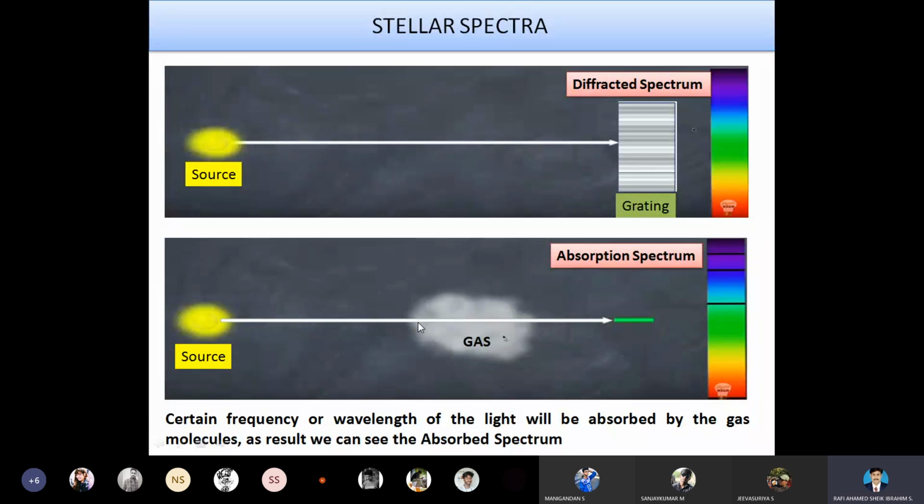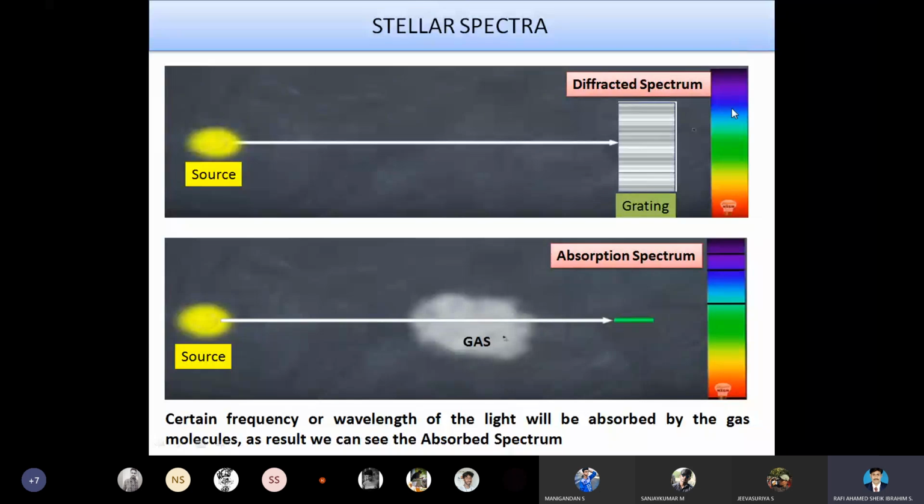When this radiation falls on the gas cloud, what will happen? The gaseous molecules available in the gas cloud react with and collide with this radiation. They will absorb the radiation. As a result, we can see the absorbed spectrum.